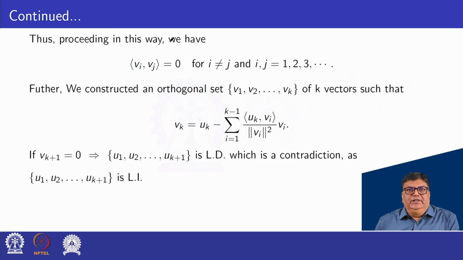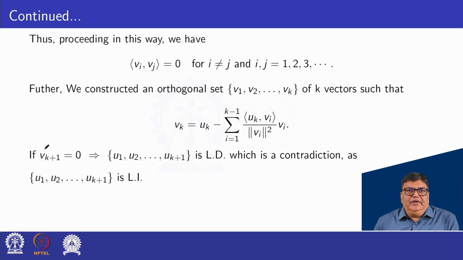Thus proceeding in this way, we have inner product of Vi Vj equal to 0 if i not equal to j, for all i, j equal to 1, 2, 3 and so on. Further, we construct an orthogonal set V1, V2 and so on Vk of k vectors such that Vk is equal to Uk minus summation i equal to 1 to k minus 1 inner product of Uk Vi upon norm of Vi square into Vi.